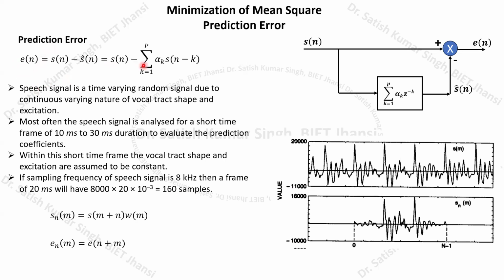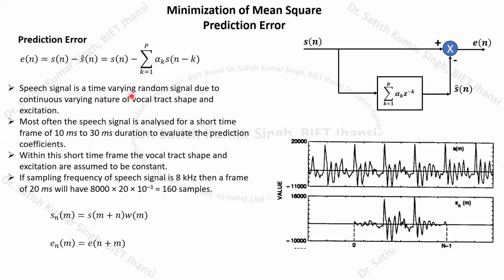First of all, you have to understand that the speech signal is a random signal. Why is it random? Because the vocal tract shape of a human is not constant over time. Not only the vocal tract shape, but also the excitation: for voiced speech we use the periodic impulse train, and for unvoiced speech we use white noise.